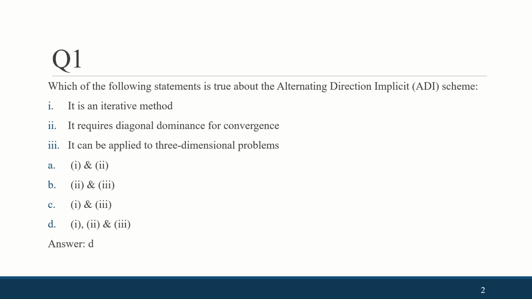In this week, it was mainly focusing on the different schemes available to solve the obtained matrix in the Ax is equal to B format. The problems were mainly focusing on a few things like the alternating direction implicit scheme, where we divide the matrix into two tridiagonal matrix formats and solve it in an iterative procedure.